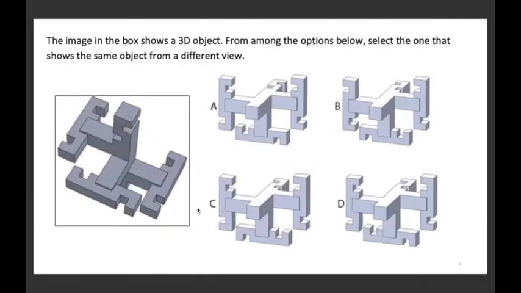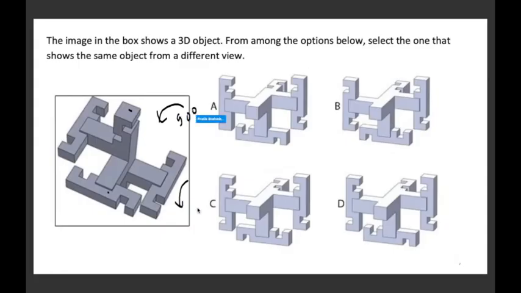The image in the box shows the 3D object. From amongst the options below, select the one that shows the same object from a different point of view. Which of the options shows the same object from a different point of view? Now, in this case, let's look at the options first. So what exactly is happening based on the position of this part and this part is this object is first rotated like that along this axis, 90 degree.